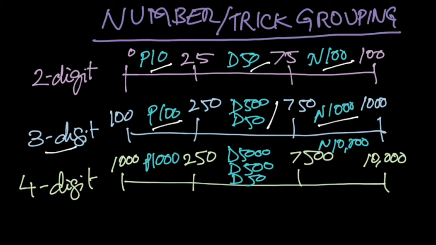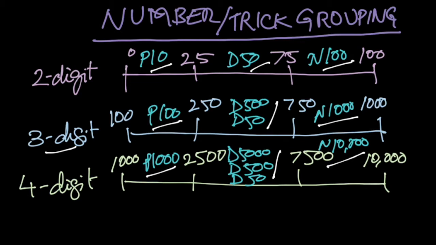And for 4-digit numbers, we use P1000 between 1000 and 2500, D5000, D500 and D50 between 2500 and 7500, and N10000 for numbers between 7500 and 10,000.